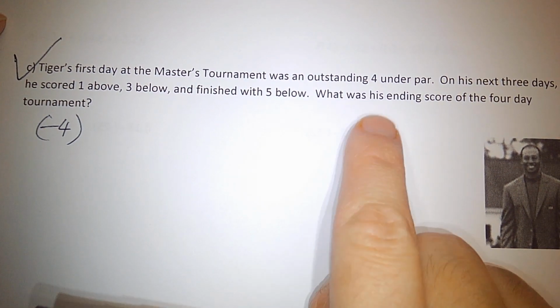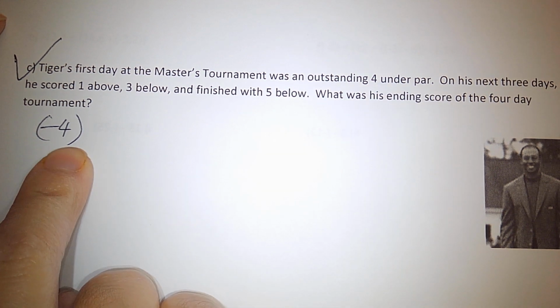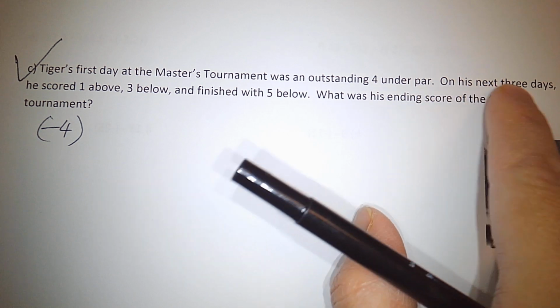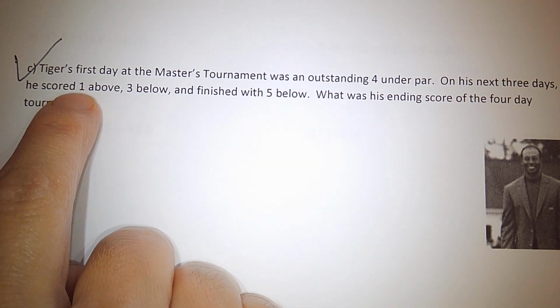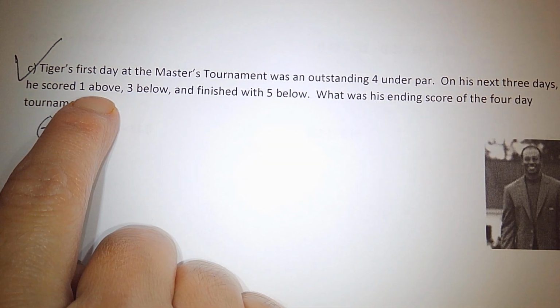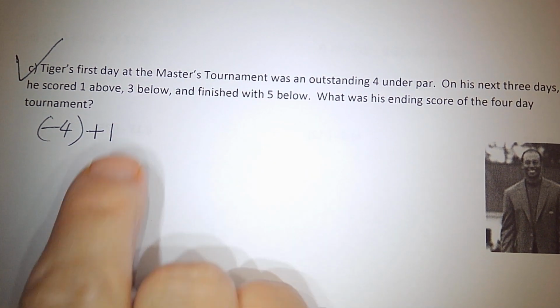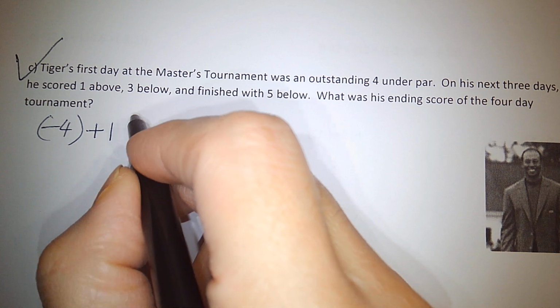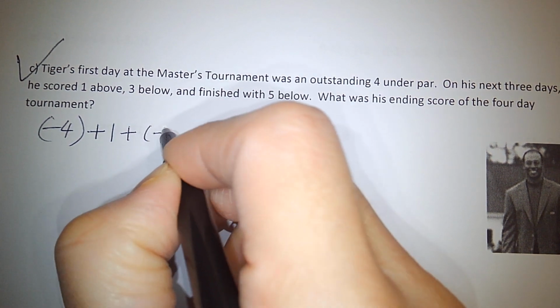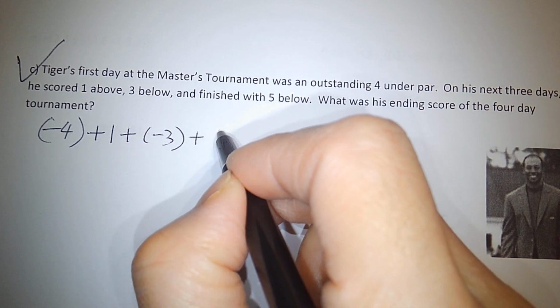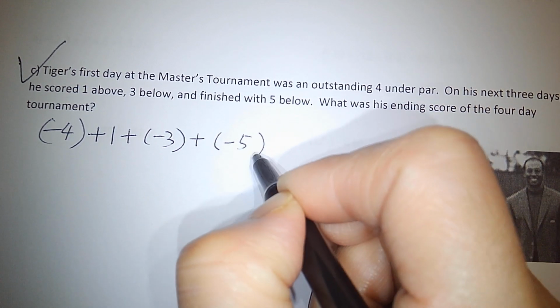So 4 under par we say negative 4. The first day. Then in the next 3 days, he scored 1 above, so add 1. Then he scored 3 below, so we add a negative 3. And then 5 below, and add a what? Negative 5.